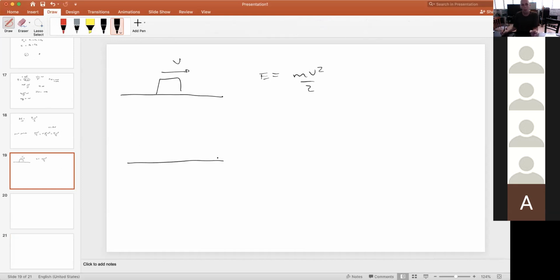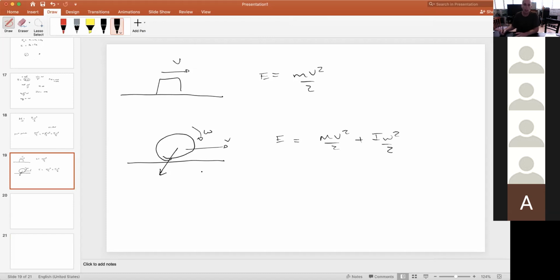But if that were a wheel that could also rotate through its center, so it's rotating and translating, so it's moving with v as if the center of mass is moving with v to the right, but it's also rotating with omega. The energy now becomes mv squared over 2 plus I omega squared over 2.